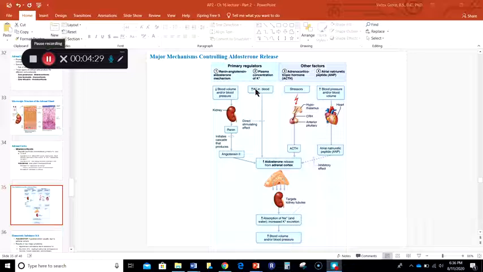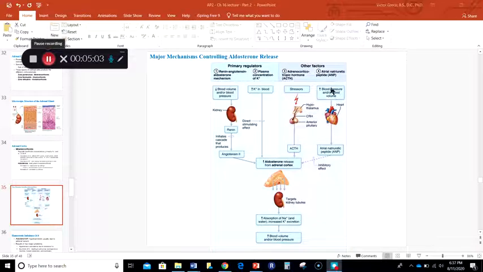Increased potassium in the blood could actually do the same thing. If there's stress on the body, emotional stress, physical stress, well, the hypothalamus will release its releasing hormone to the anterior pituitary. We learned that the anterior pituitary can release this one hormone, adrenocorticotropic hormone, which will stimulate the adrenal cortex to release aldosterone, and the end result of it will increase the blood pressure.